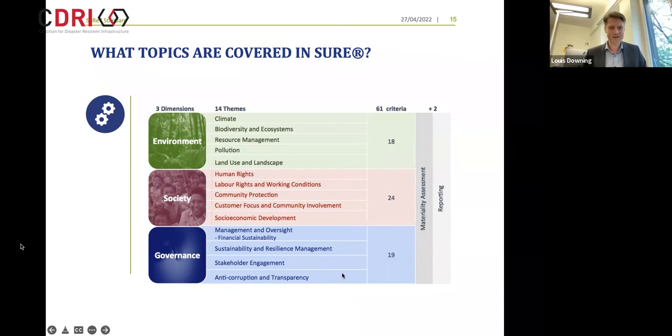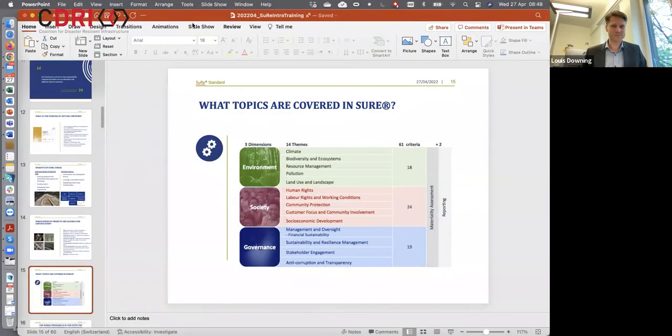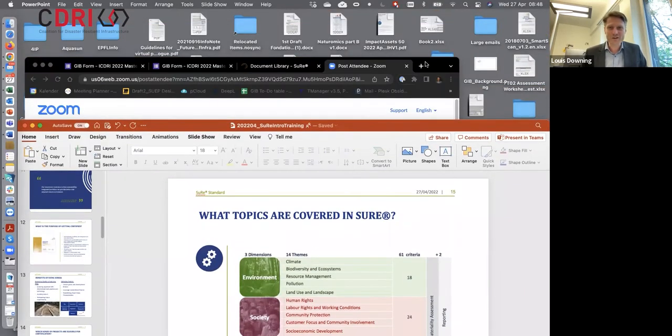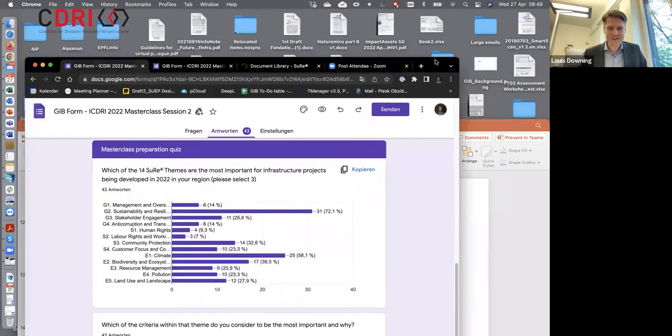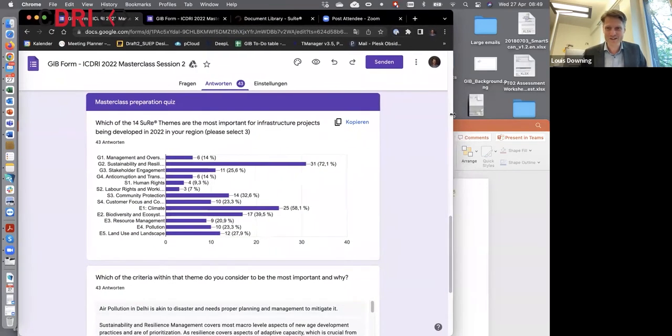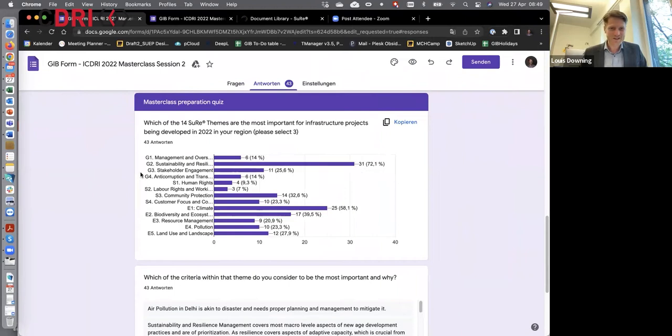So in the survey that was sent out yesterday, we asked which are the most important of these criteria to you. And these are the results. I'll get the live results up because I think they're still coming in as we speak. So we can see that most participants said theme G2, which is sustainability and resilience management, is most important.